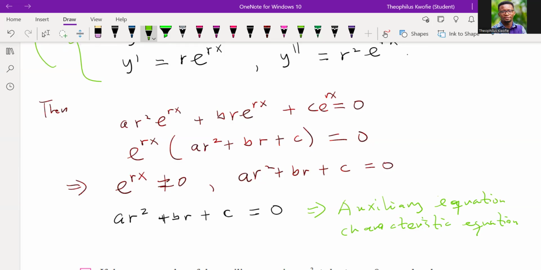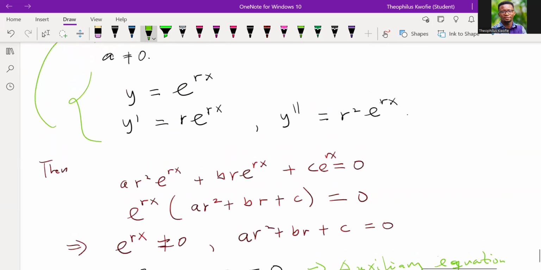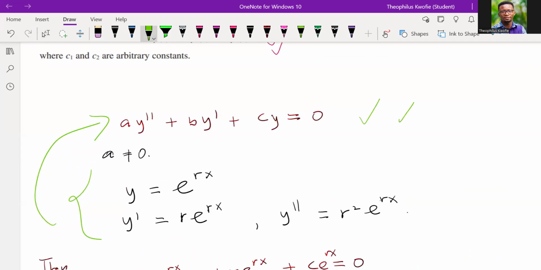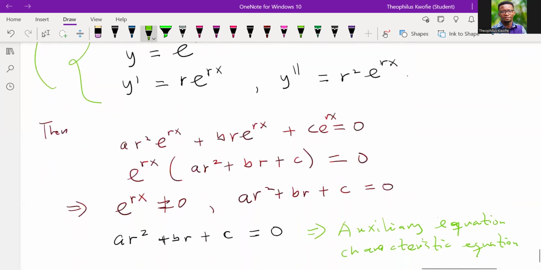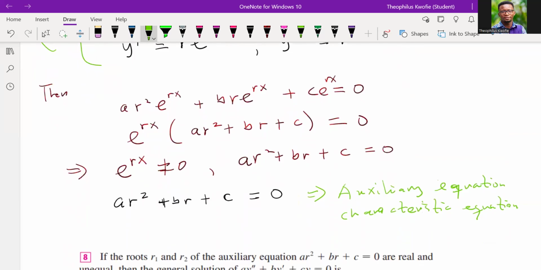But I just want to point out that in this case, y equal to e to the power r x is a solution of this particular equation if r itself is a root of the equation. Note this one.